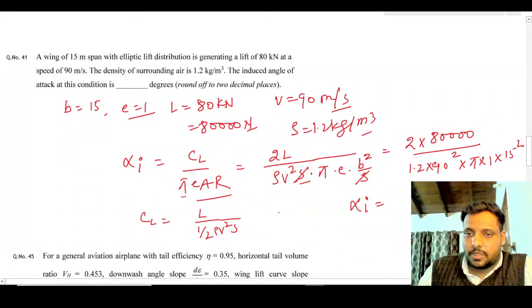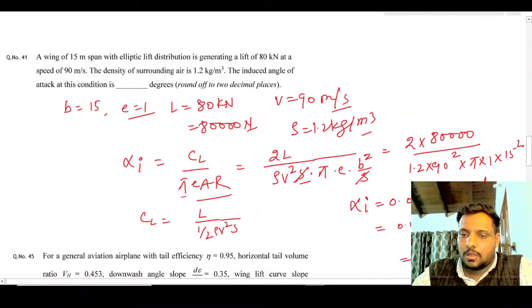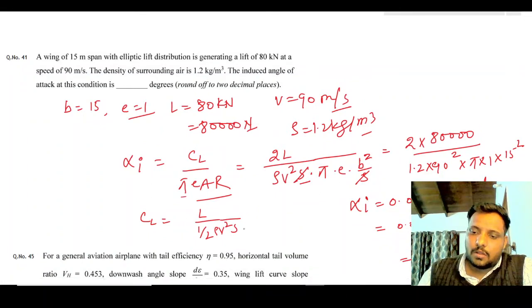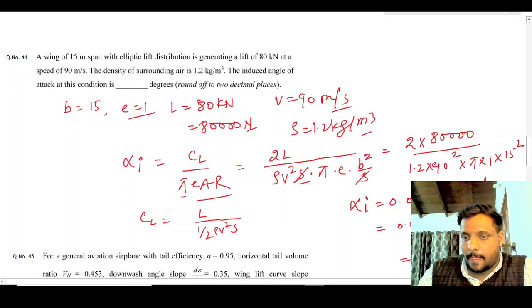So it is 0.02328 radians, and in degrees it will be 0.02328 into 180 by pi degrees, which is equal to 1.334 degrees.